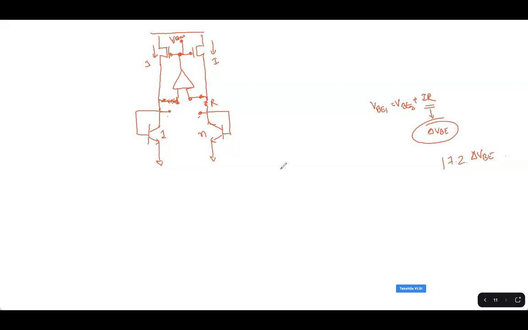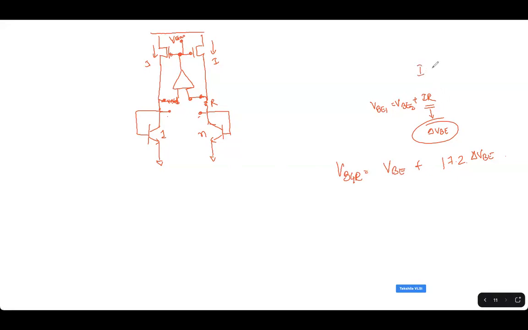Let me name it as VBGR equal to VB plus 17.2 times del VB. Where do I get this 17.2 times del VB? So I had an IR.